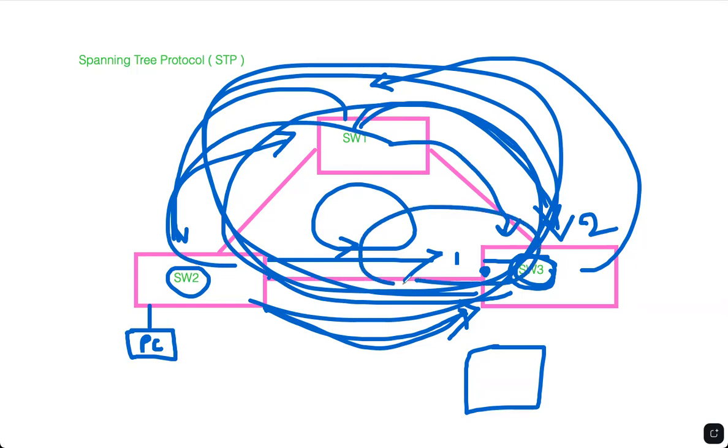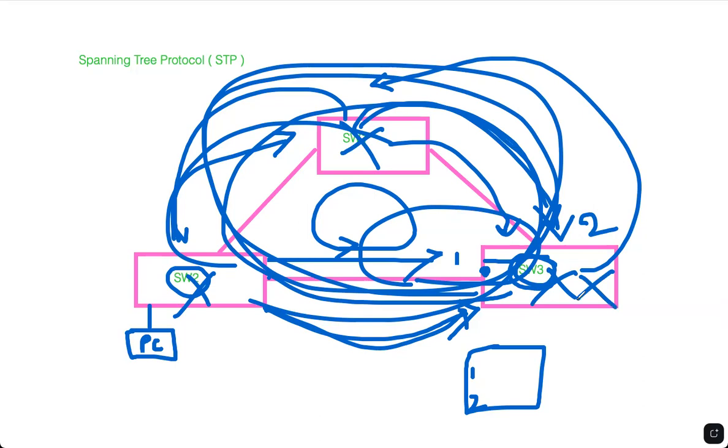So the same MAC address is looping on port 1 and port 2. There is continuous flapping happening between the ports. This will eventually get your network down. Switch 1, switch 2, and switch 3 all will go down, because there is a lot of overhead. When the resources are being extremely used, the switch cannot handle the traffic and it will die. Eventually the switch will go down.